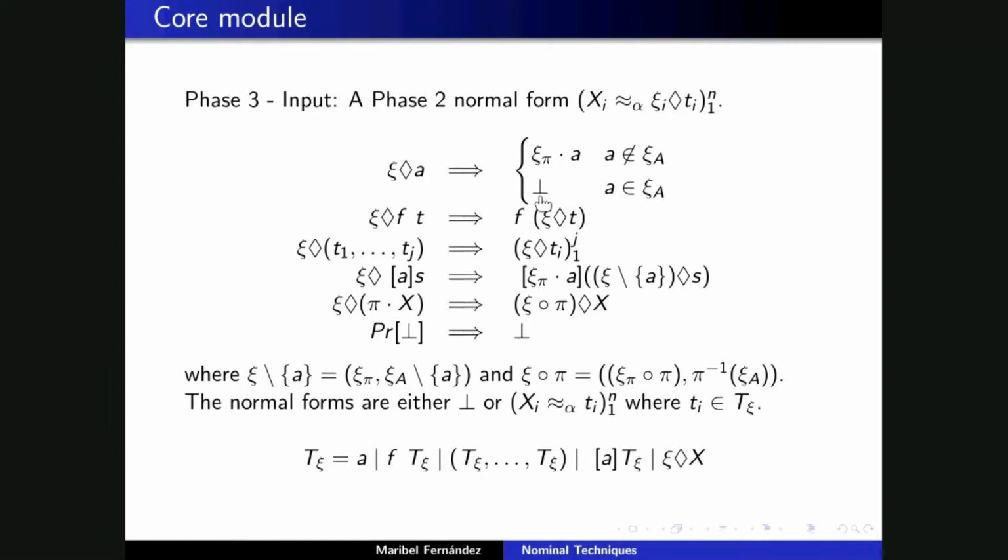So these rules, again, could fail or could work properly, in which case, at the end of this phase, we have simplified the problem so that we get either bottom representing failure or something that looks like a substitution, where these terms here still are not exactly the terms we want. They are not exactly nominal terms, but they are almost, because we propagated with these rules the environment to the leaves.